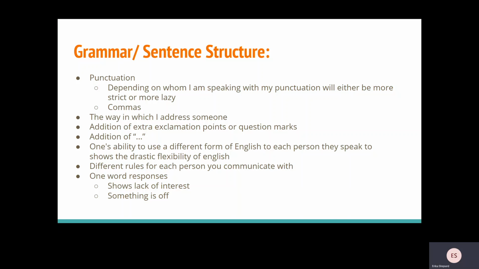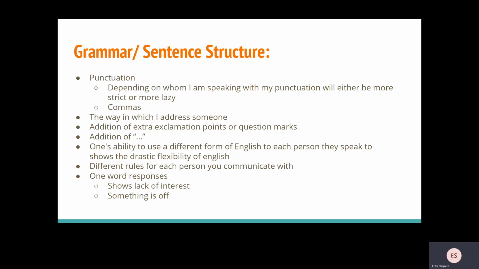And so that really shows how much you can do with English and still be able to communicate with it. So you can tweak it, alter it, add to it, subtract from it, combine them together and form new words here and there and still communicate and still understand one another. So I think that's really awesome, and it really does show the flexibility of the language itself.